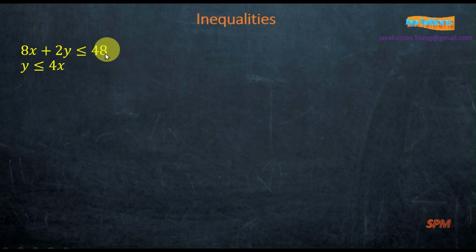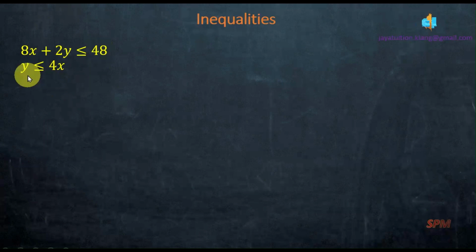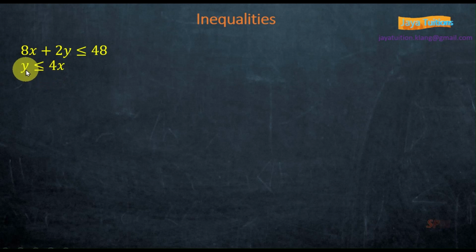Because she has a maximum of 48, she can spend less than or equal to 48. And the number of apples she can buy is at most 4 times x. At most is maximum. You cannot go more than this value. So it should be y less than or equal to 4x. So this is the second inequality.